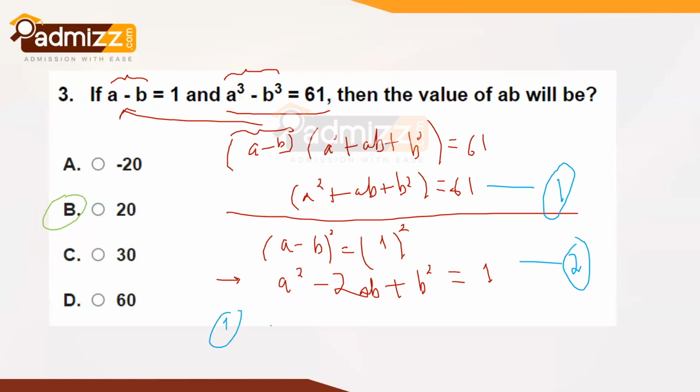So 1 minus 2, right? This is equal to 3AB, right? So this comes out as 3AB is equal to 60, when we subtract 2 from 1, right? So AB comes out as 60 divided by 3, which is 20. Was this clear to everyone?